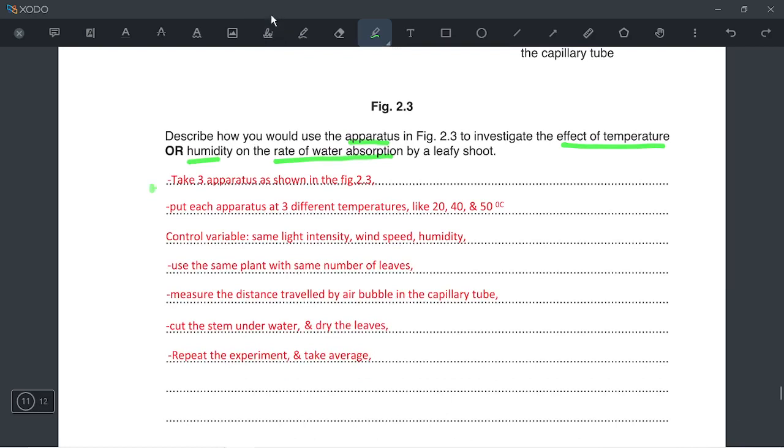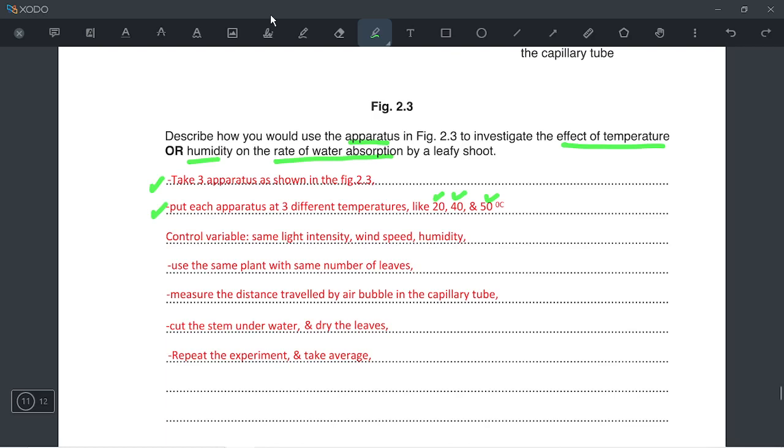Point 1: take 3 apparatus as shown in figure 2.3, meaning 3 potometers, so that we can keep them at 3 different conditions. Put each apparatus at 3 different temperatures, say 20, 40 and 50 degrees Celsius. These are just examples.